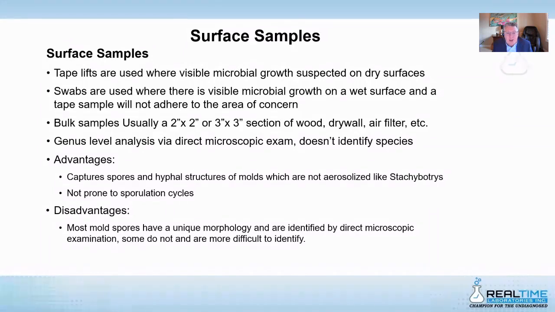But it does a good job when we have species or types of molds like Stachybotrys, which don't aerosolize, that you would miss and not capture during a typical spore trap. You will capture it with your tape samples. So that's a huge advantage. And again, the same disadvantages. It's not going to tell you is it Aspergillus or Penicillium, or it's certainly not going to tell you if it's a toxic or pathogenic fungi at all.